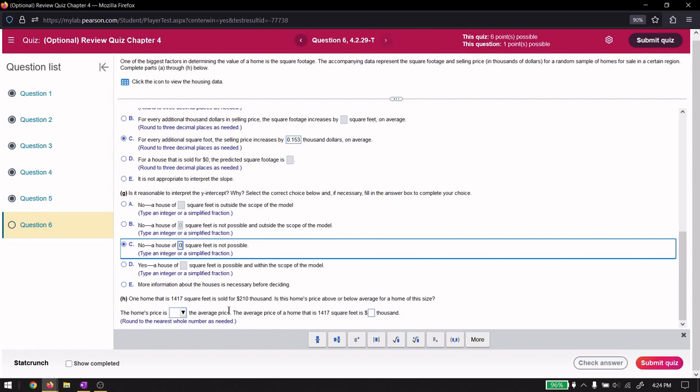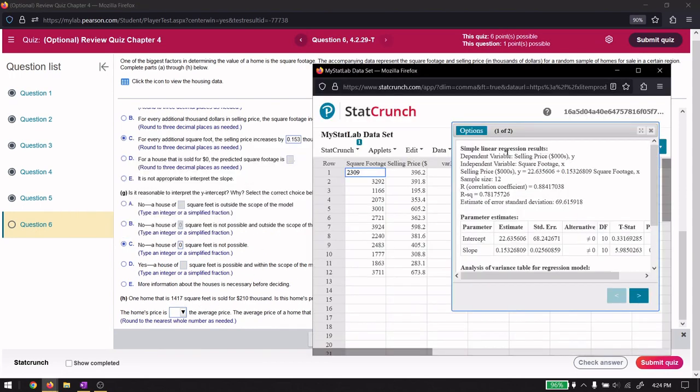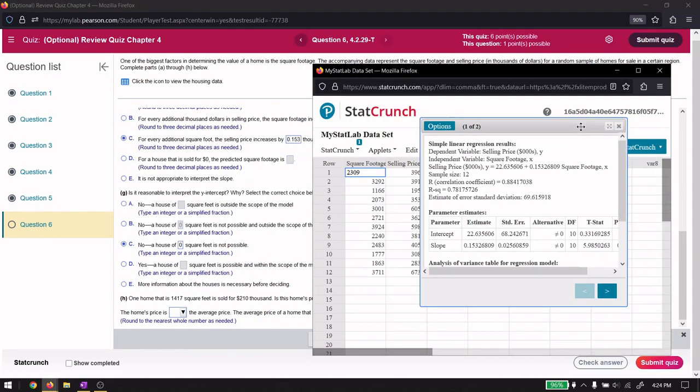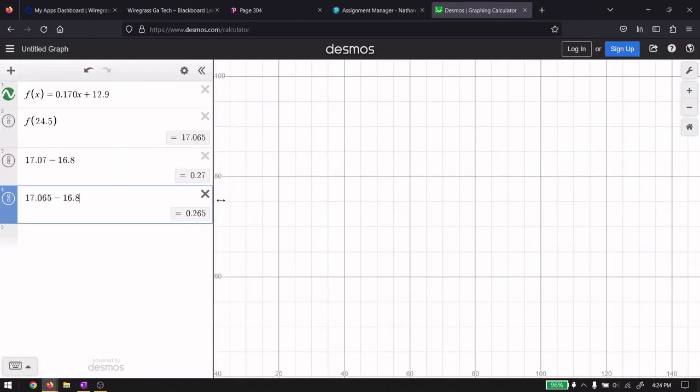Okay, one home that is 1417 square feet is sold for 210,000. Is this above or below the average? So, let's take this data into Desmos.